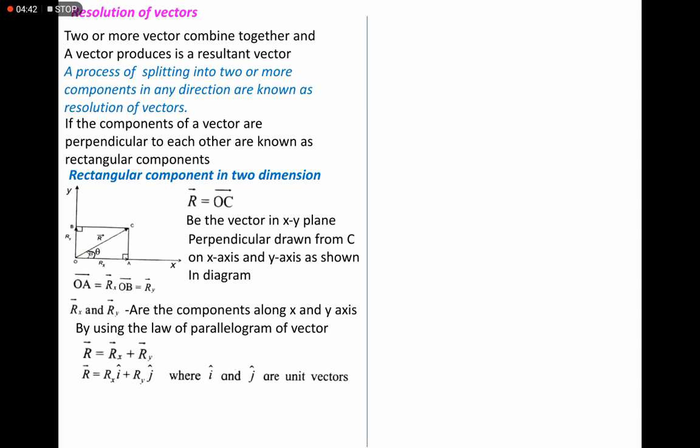Now, i bar and j bar are the unit vectors. i bar is along the x-axis and j bar is along the y-axis. The definition of unit vectors we studied in our previous lecture.